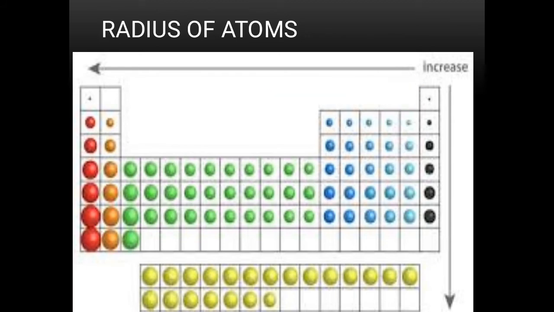The atomic radius increases down the group, but I have to discuss why it is happening. Because down the group, in every period there is a gradual increase in principal shells, or electronic shells. More shells, more electrons, and more space.